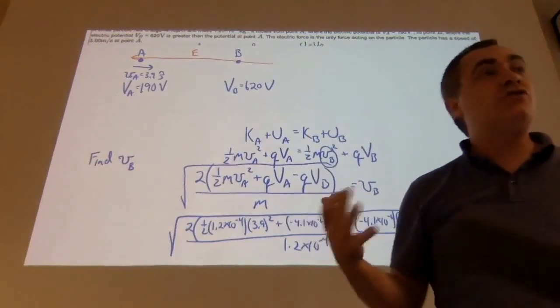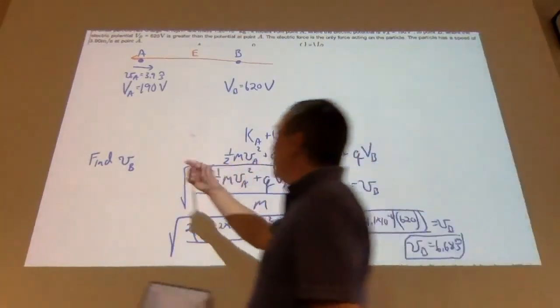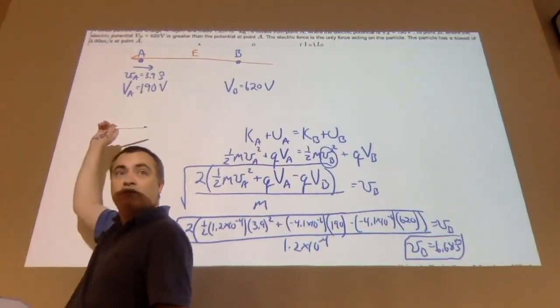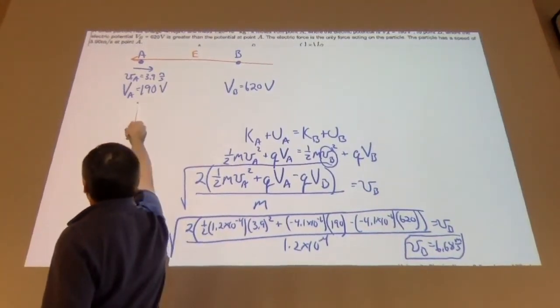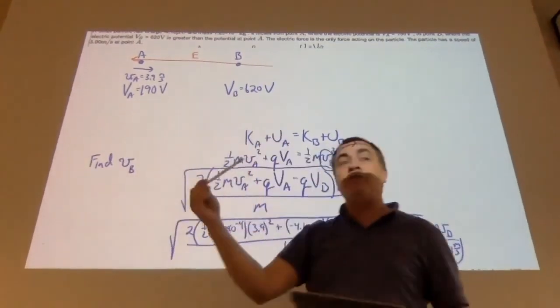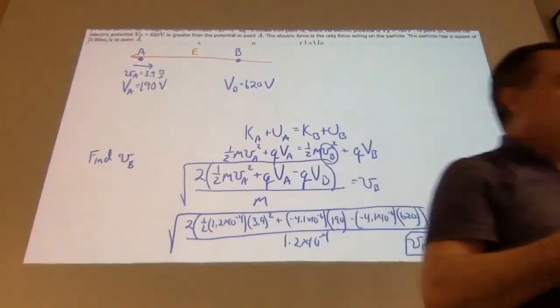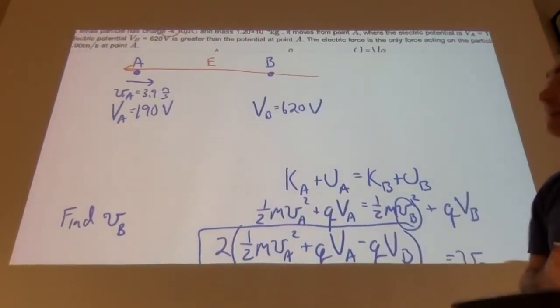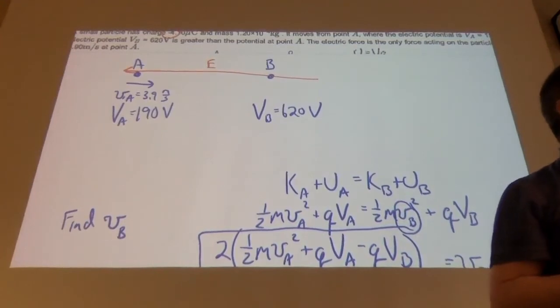A negative charge is going to do exactly the opposite. A negative charge feels a force the opposite direction. So if it has a certain velocity here, it makes sense that going against the electric field, it's going to go faster because it feels a force that way, okay? And notice, in case you missed it, right here at the top where you can't really see, that is a negative charge that we're dealing with, okay?